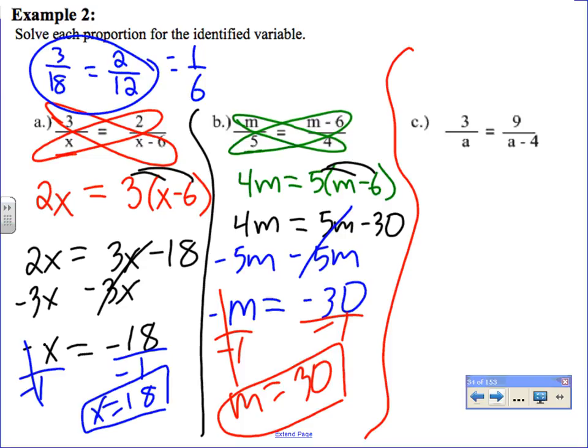Are you guys and girls finding this pretty easy? Oh, where's your negative? Forget about your negative. Good job.